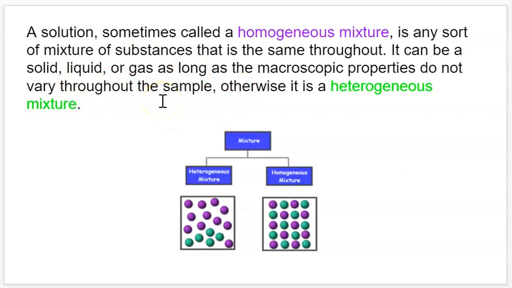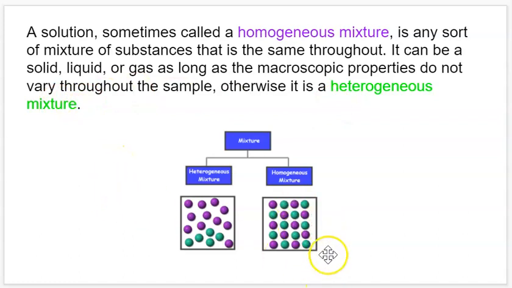What that means is that if you had some mixture of solids, liquids, gases, any combination of those, any small chunk of it that you remove is going to be the same as any other small chunk. The macroscopic properties, say like the boiling point or the viscosity or the color, are all going to be the same throughout. Otherwise, it's known as a heterogeneous mixture, which is not technically a solution.